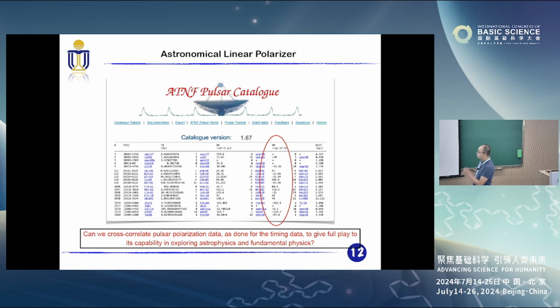For example, if we go to this database, the Australia Telescope National Facility Pulsar Catalogue, then we can see that for many pulsars listed in this database, the polarization information has actually been provided. This naturally raises the question: can we cross-correlate the pulsar polarization data as done for the timing data, to give full play to its capability in exploring astrophysics and fundamental physics?